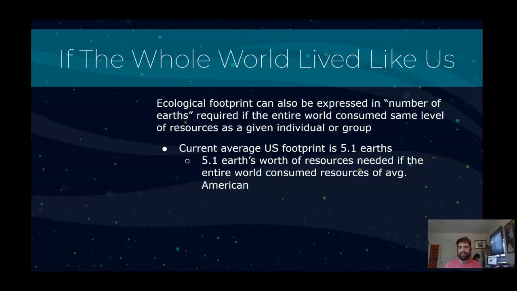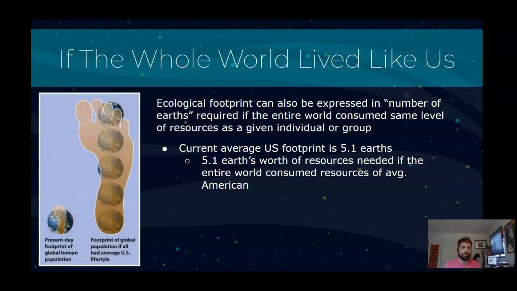That's how many planets it would take to supply the US. And you can see on this diagram, the present-day footprint of the global population is bigger than the planet. So if everyone had the US lifestyle, there'd be way more planets.